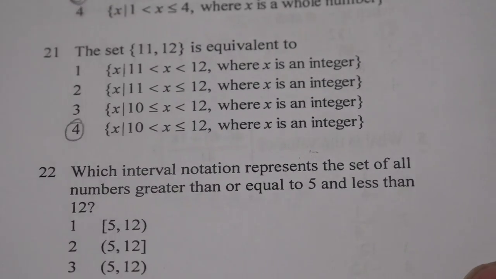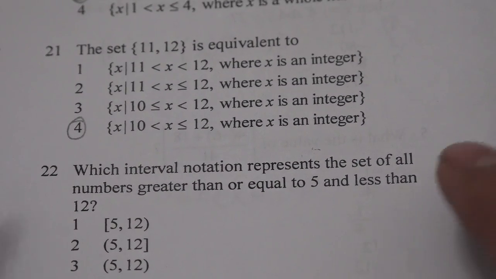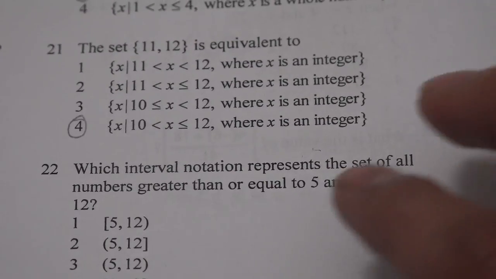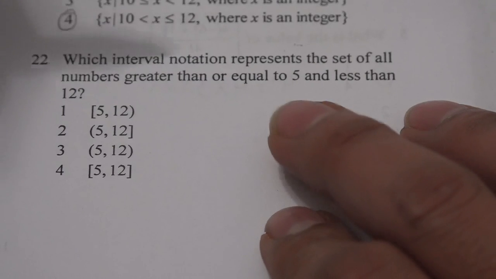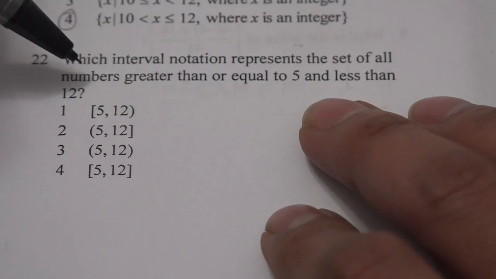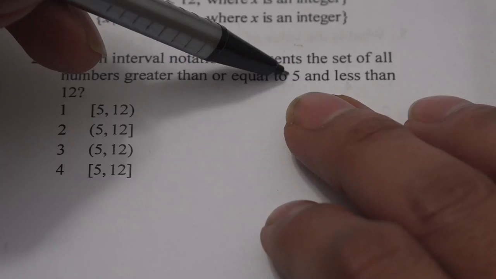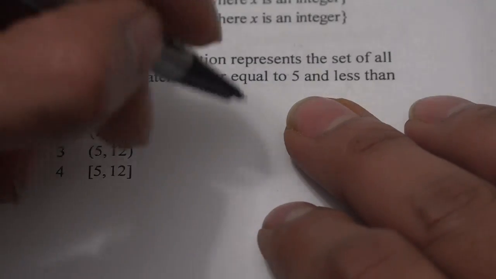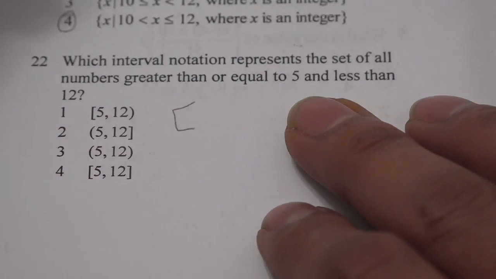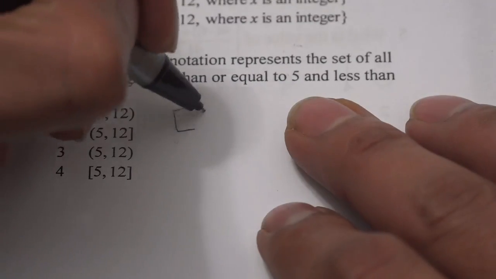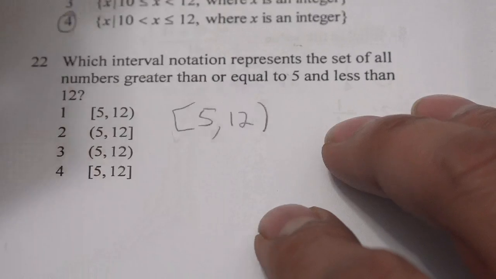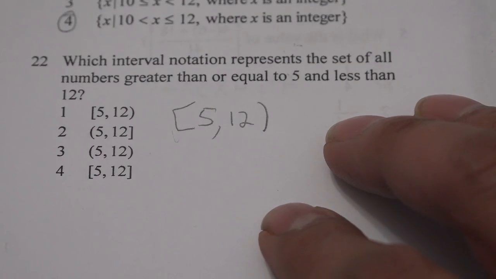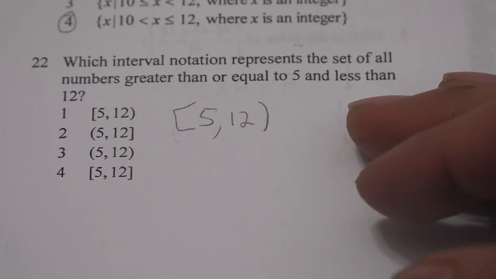Very good. Choice number 4 is your answer, because it contains 11 and it contains 12. All right, let's move on to the next one. All the numbers greater than or equal to 5 and less than 12. Greater than or equal to 5, that has to do with brackets. And less than 12, that means that the 12 is not included. All right, then you make your choice and that's it.